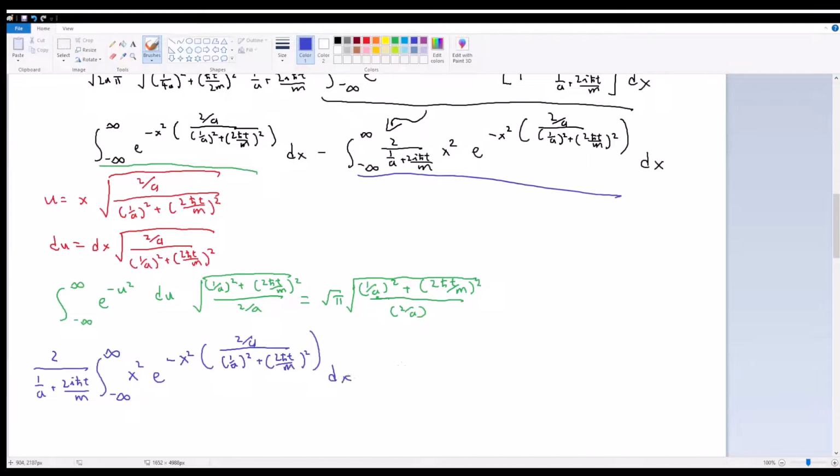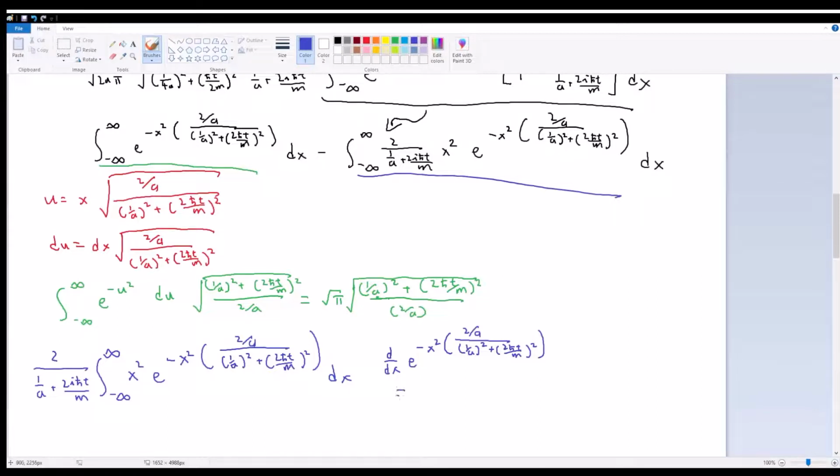dx, and we're going to use integration by parts, so we're going to say, okay, d by dx of e to the negative x squared times 2 over a over 1 over a squared plus 2h bar t over m squared.